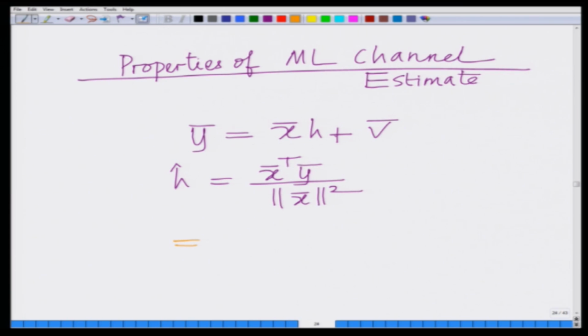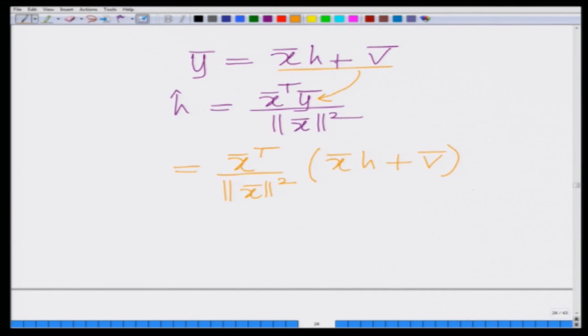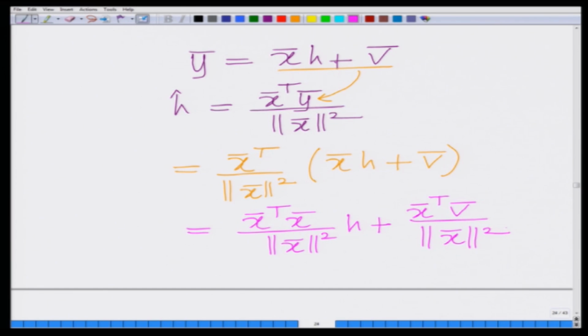Now, I am going to substitute the expression for y bar over here. So, I will have x bar transpose divided by norm x bar square times x bar h plus v bar, which is equal to, simplifying this, x bar transpose x bar divided by norm x bar square h plus x bar transpose v bar divided by norm x bar square.